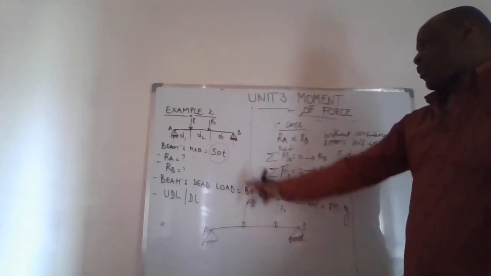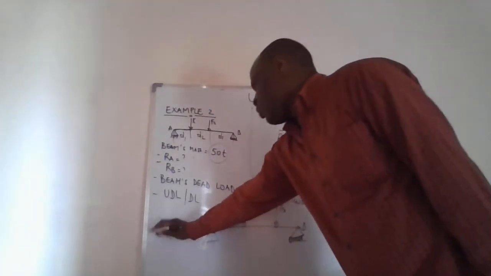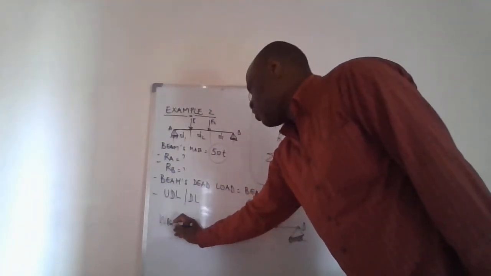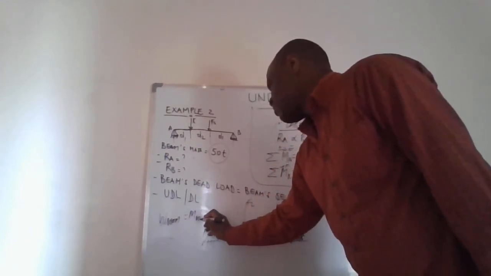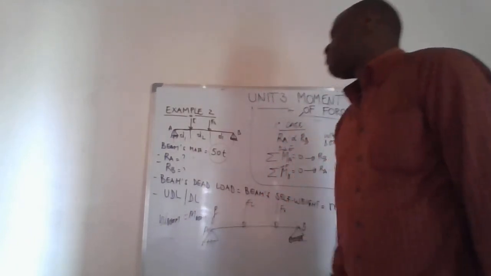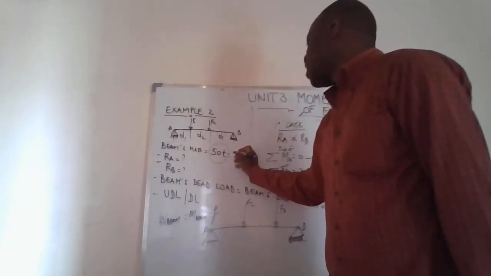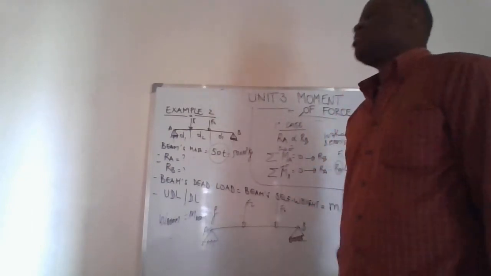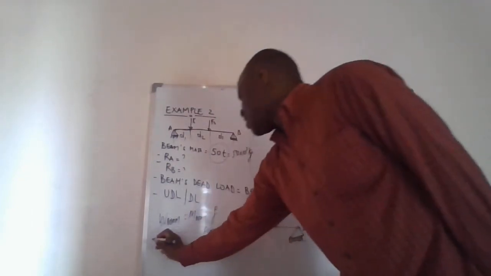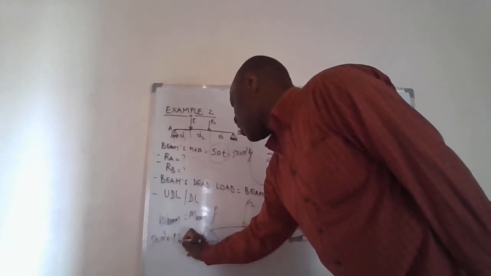Now, in that case, we need to get the resultant force due to this mass. How do we get the weight of the beam if we are given the mass of the beam? We all agree that the weight of the beam will be the mass of the beam times g. Now, this mass is in tons. It should be converted into kg. Everybody knows how to do the conversion of tons to kg. Take that mass, 50 times 10 to the power 3 kg, times 9.81.